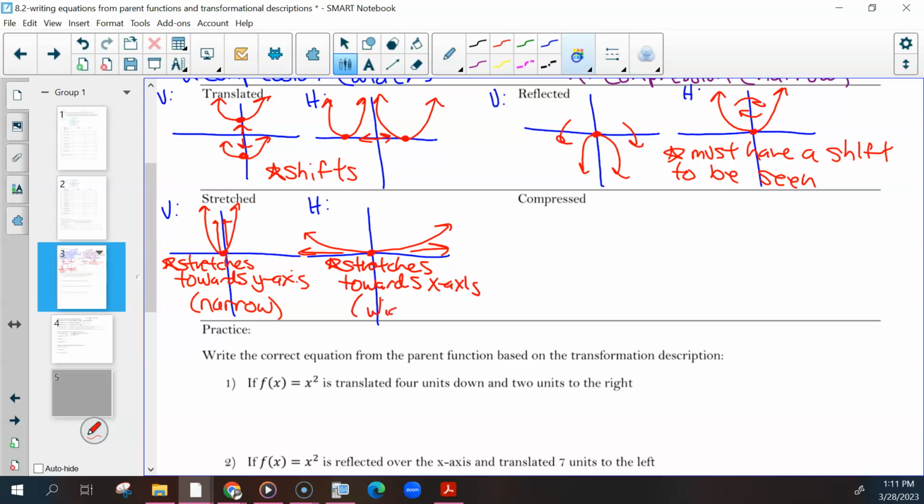Which is why it's wider. And then once you have those down, go ahead and draw your last two axes for compress if you haven't already.